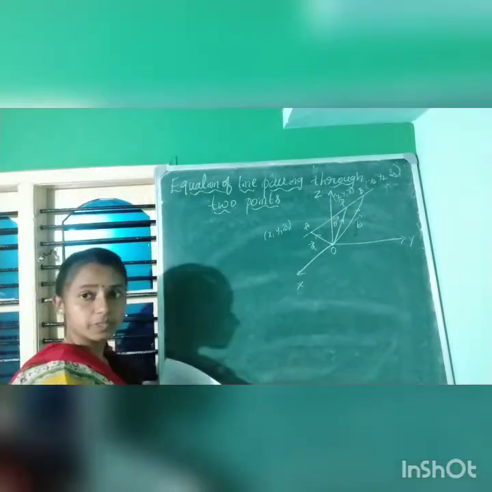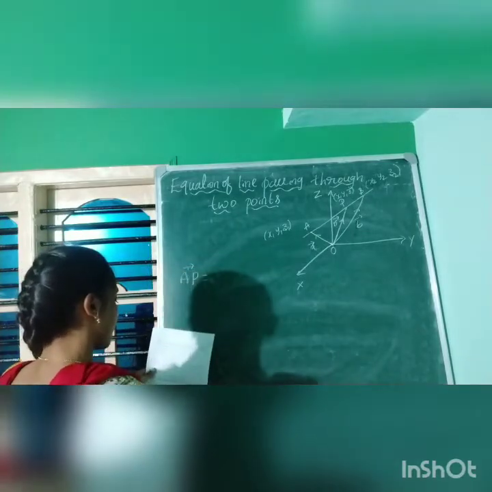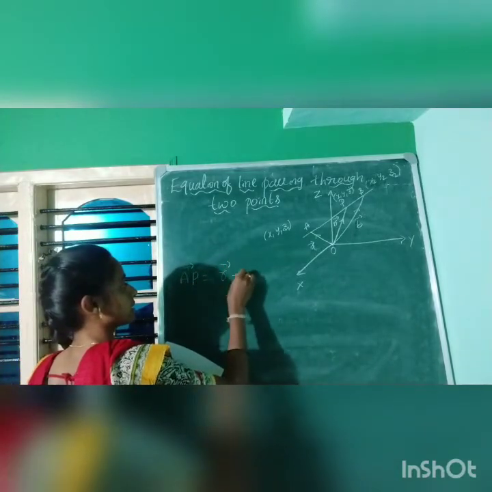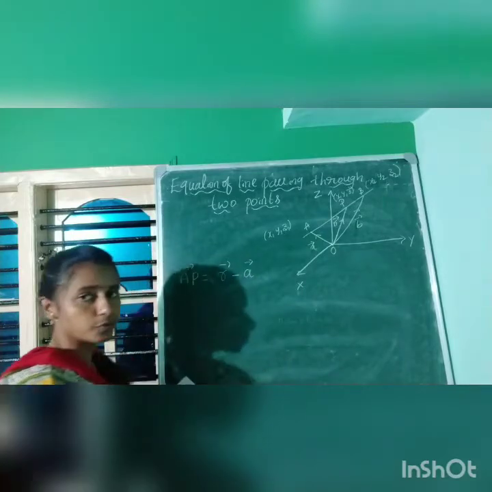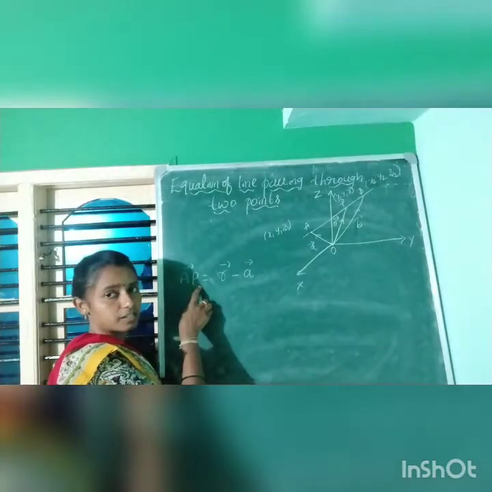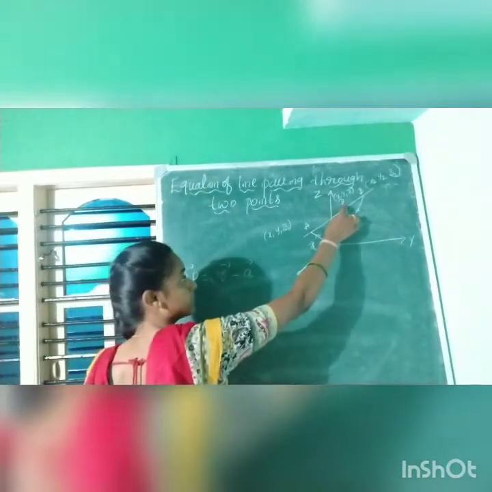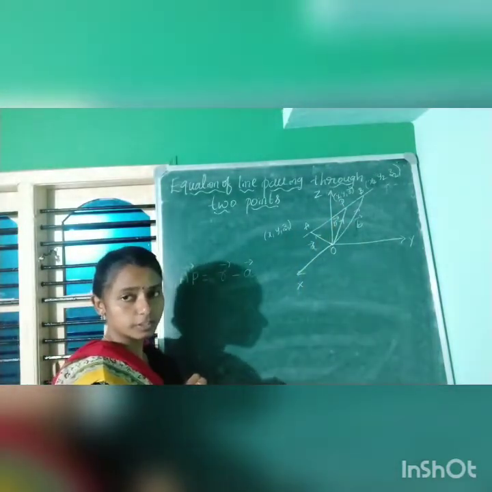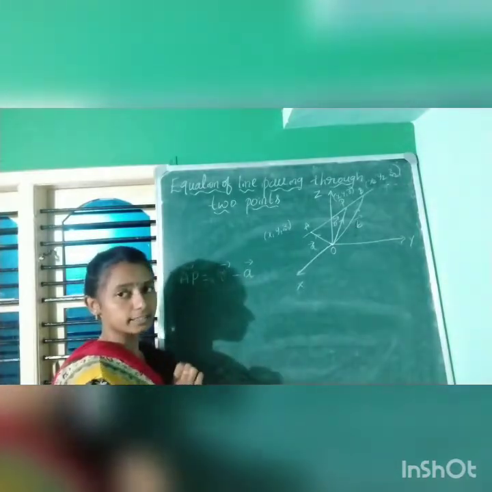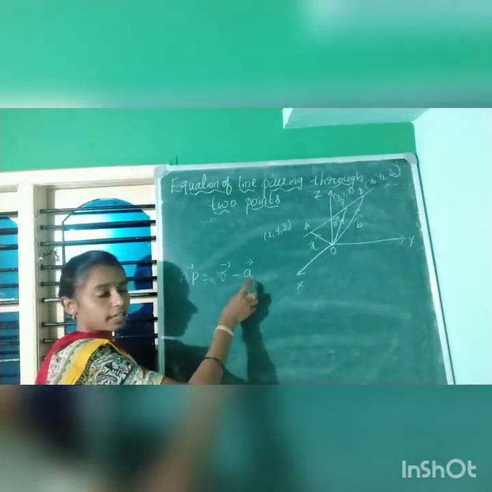If I consider the vector AP, we can write that as vector r minus vector a. Hope you guys understood this. We can write this AP vector as OP minus OA. We write OP as the position vector r and OA as the small letter a vector. Hence we can write AP is vector r minus vector a.